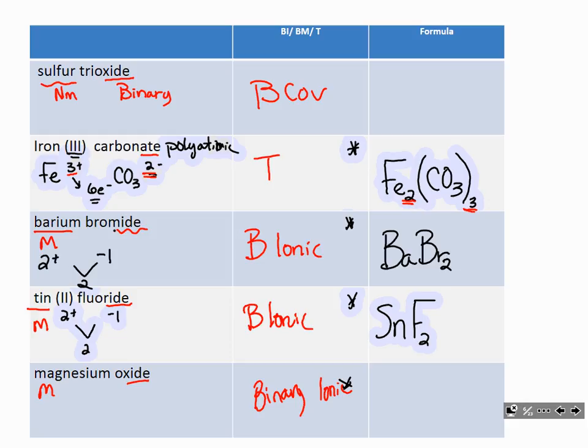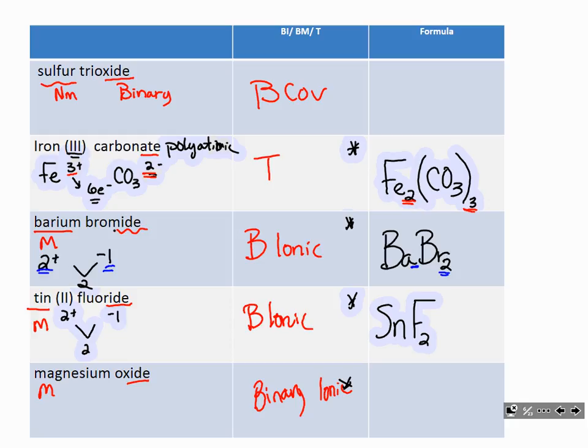The charge of the anion becomes the subscript of the cation. The charge of the cation becomes the subscript of the anion. So this is called crisscrossing charges, and it generally works. It's a quick little way to get a formula.